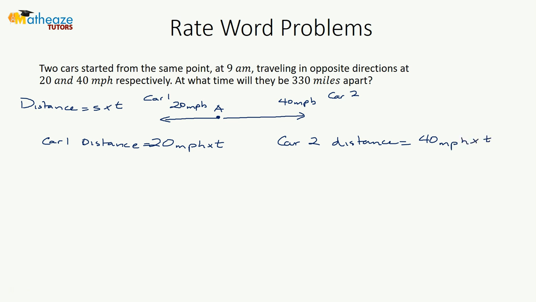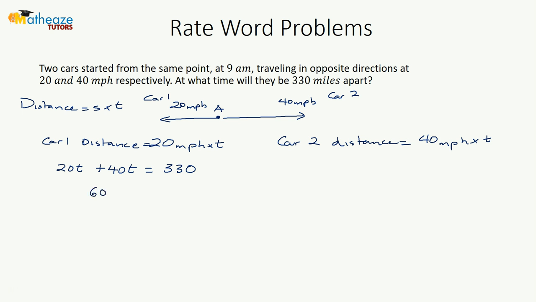So to get the distance apart, we're going to add the distance covered by car 1 and the distance covered by car 2. And at that point, we'll be able to determine how far apart they are. So distance covered by car 1 is 20t. Distance covered by car 2 is 40t, and they are 330 miles apart.